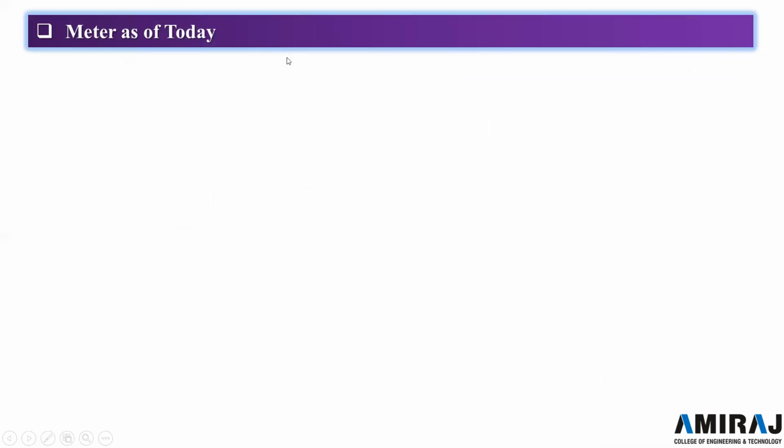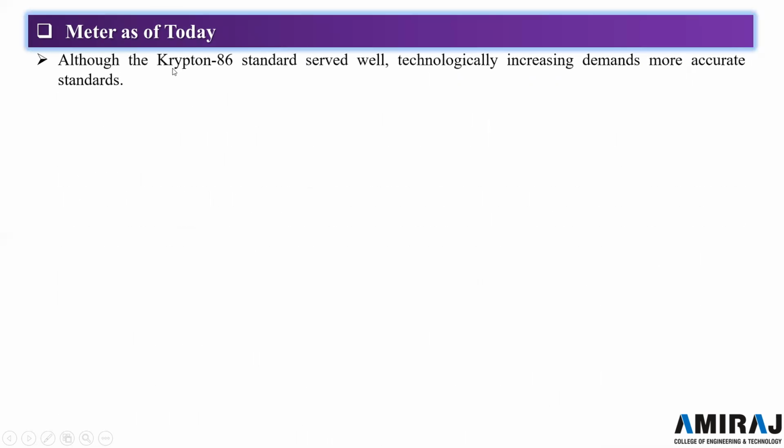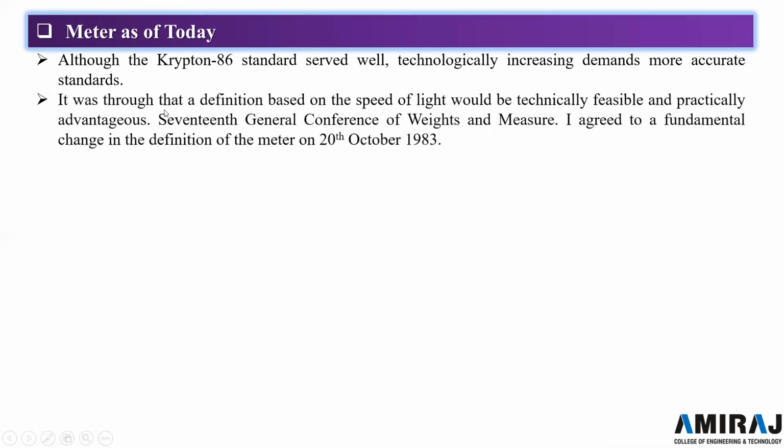Now the meter as today: how do we measure the meter now? Although the krypton 86 standard served well technologically, there was an increasing demand for a more accurate standard. It was thought that a definition based on the speed of light would be technically feasible and practically advantageous.